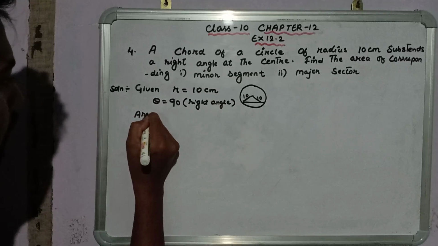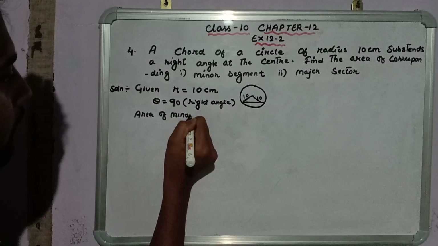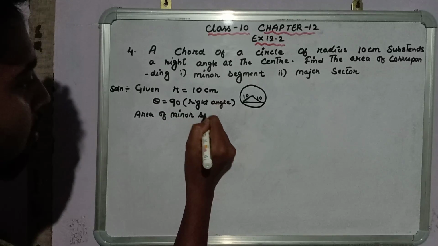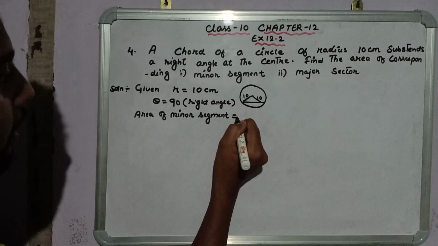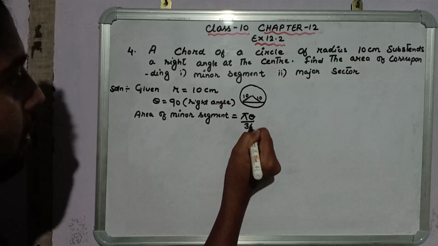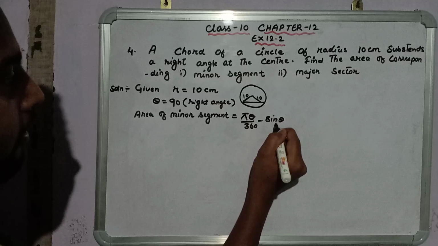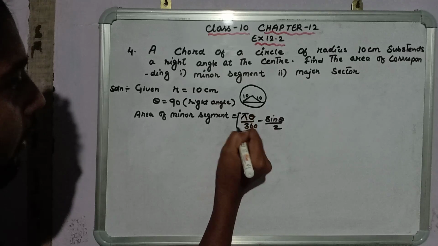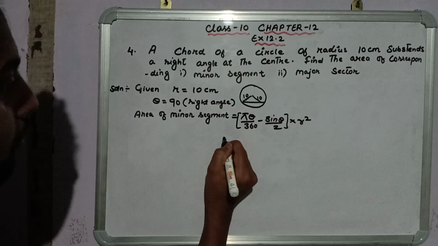So area of minor segment, formula is pi theta by 360 minus sin theta by 2, bracket close, into r square.